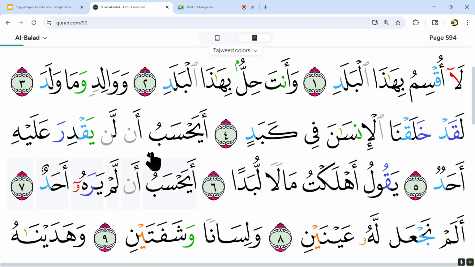Kabadin. And this is where I wanted to get to. There's two noons back to back, so I wanted to see if you can help with this. Nice. This first noon, idgham, the lam eats the noon. أيحسب أن لن. Don't say the noon at all. The lam is just taken over.